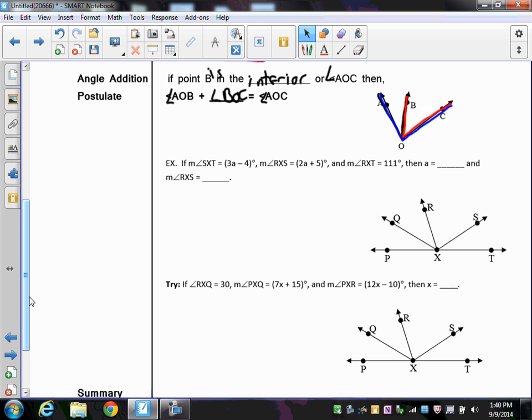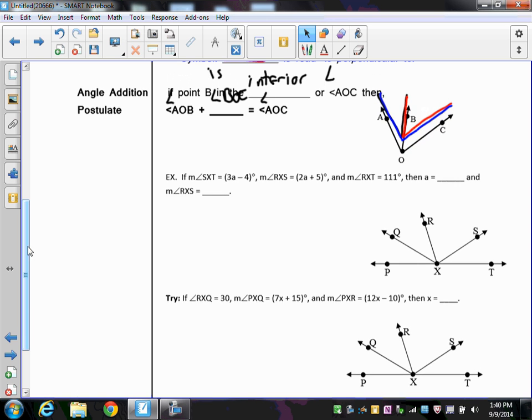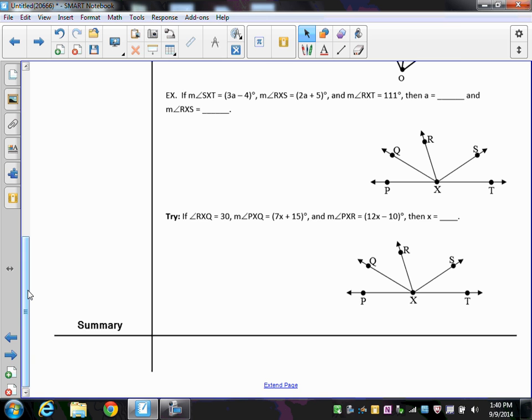So to figure this out, the last thing we're going to do is this one example here. The measure of angle SXT, which is right here, is 3a minus 4. And we're told the measure of angle RXS is 2a plus 5.